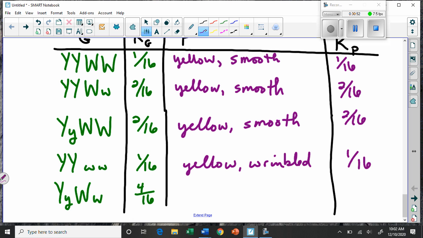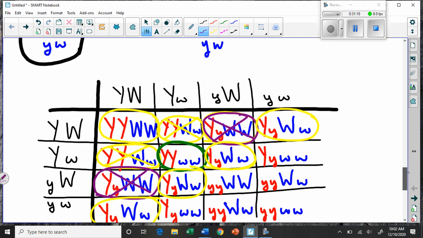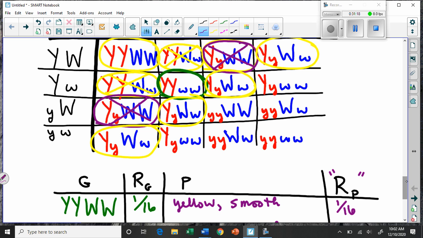And that would mean these are going to be, guess what? Yellow and smooth again. So these are the same phenotypes as the first 3. So we'll have to come back and make sure we add up those later to get the proper phenotypic ratios. Okay, and we go down to the next set of things that are the same. I'll go back to my purple color here. Let's do heterozygous Y, homozygous W. One there and one down over here.